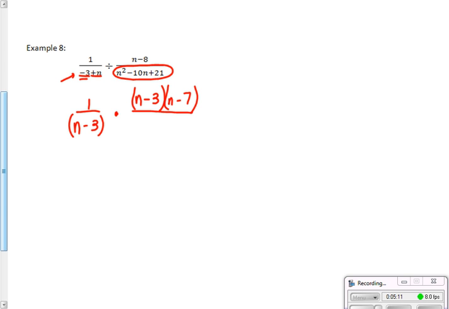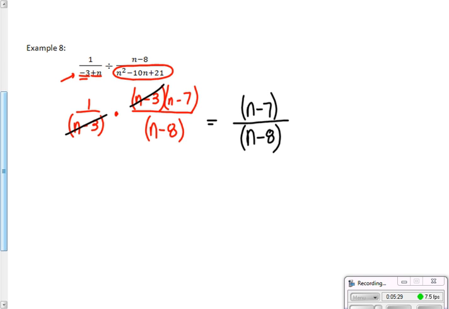And then my denominator would be n minus 8. Again, reduce within the problem. So n minus 3 off the top and the bottom. Multiply it out. We have n minus 7 all over n minus 8. And this will conclude example 8. This will conclude lesson 53, dividing rational expressions.